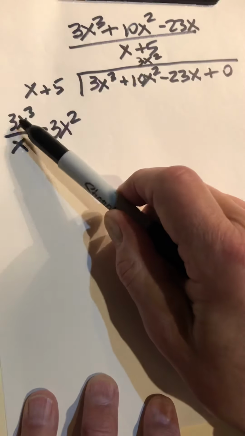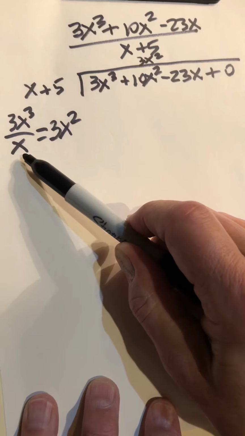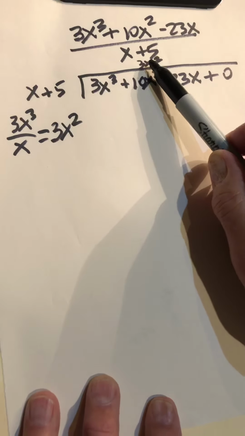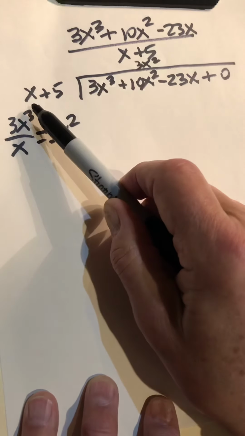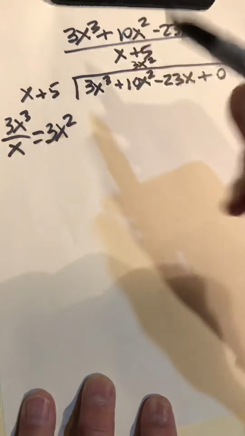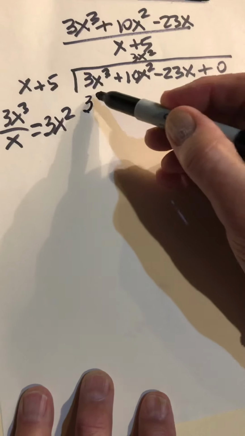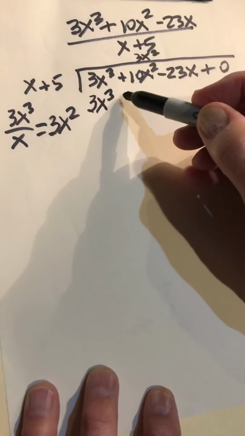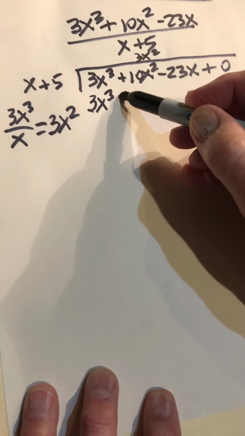Now here, this was only first term by first term over here, but now it's the first part of the quotient times the entire divisor. So that's 3x squared times x is 3x cubed, and then 3x squared times 5 is 15x squared.